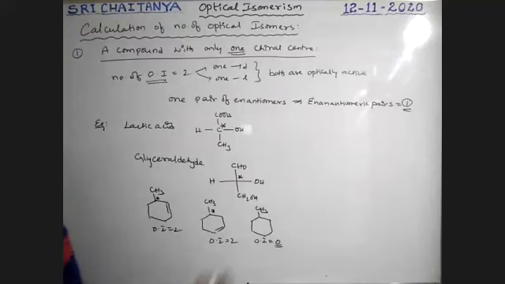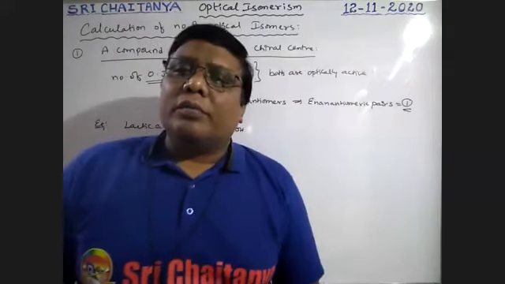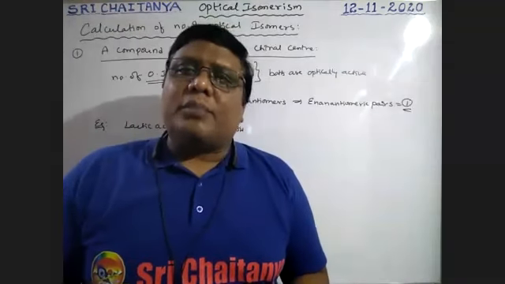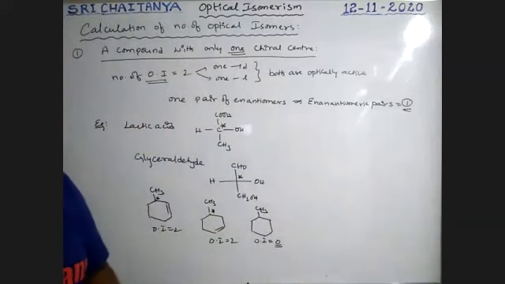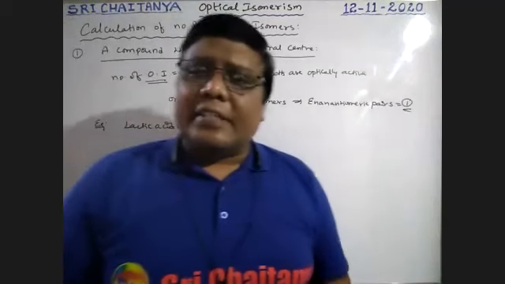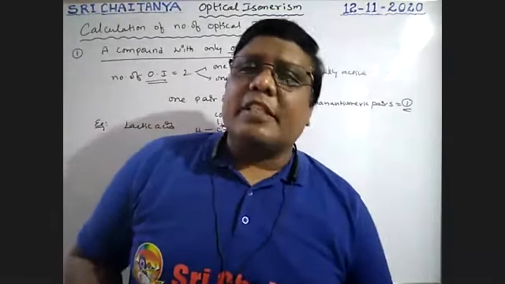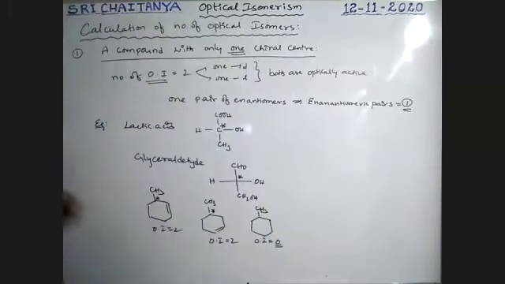In the case of cyclic compounds, all 4 pathways must be different, but here the pathways are the same, so it is optically inactive. Optical isomers 0, no chiral center. If one chiral center is there, the number of optical isomers is equal to 2. Next one.